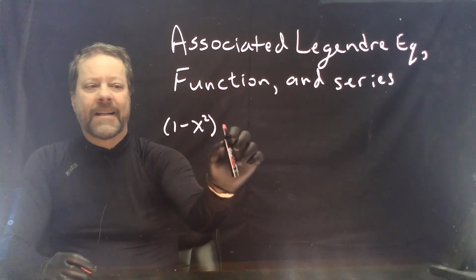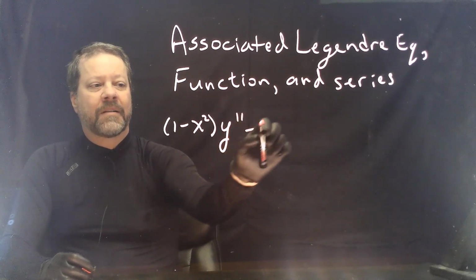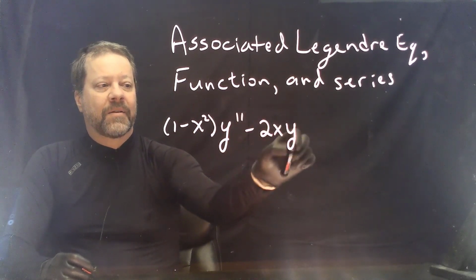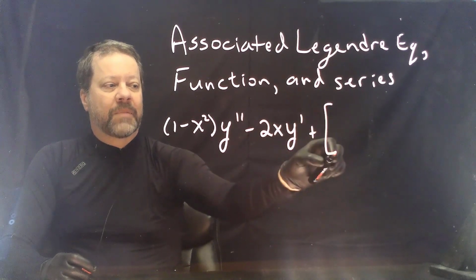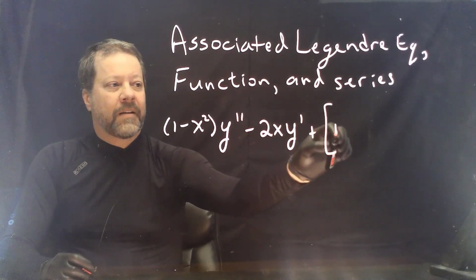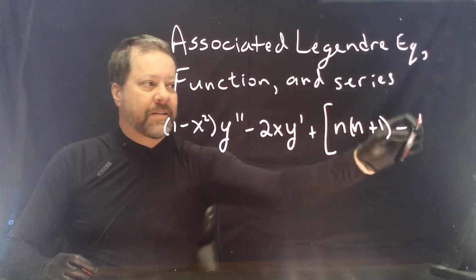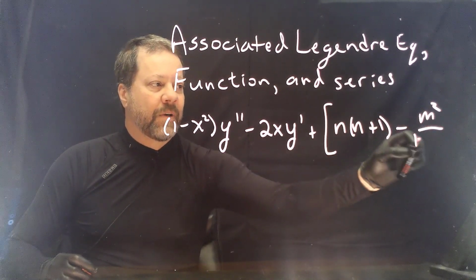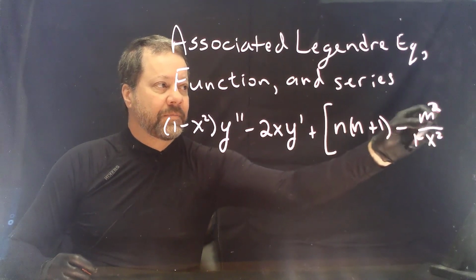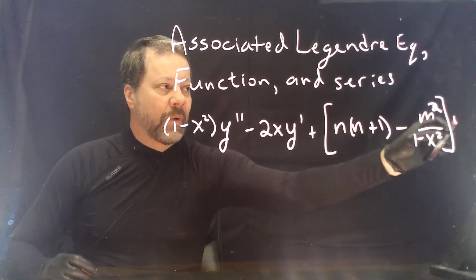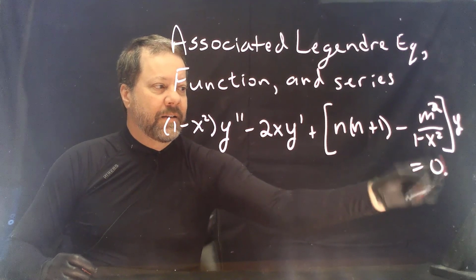It begins with (1 minus x squared) y double prime minus 2x y prime plus [n times (n plus 1) minus m squared over (1 minus x squared)] y is equal to 0.